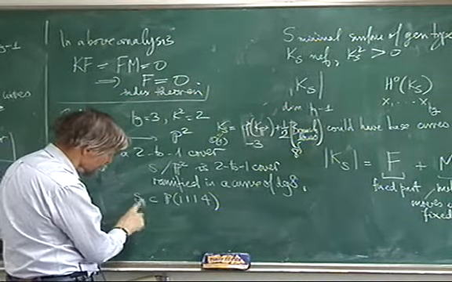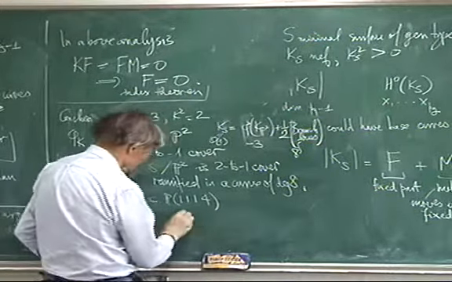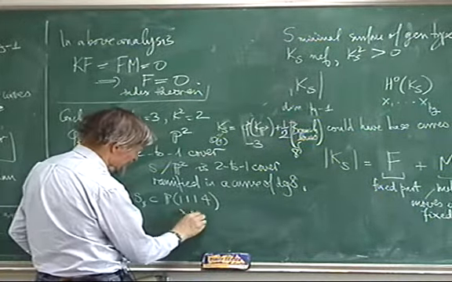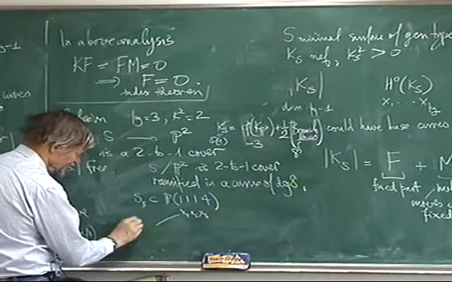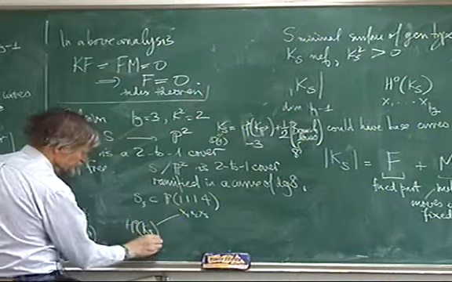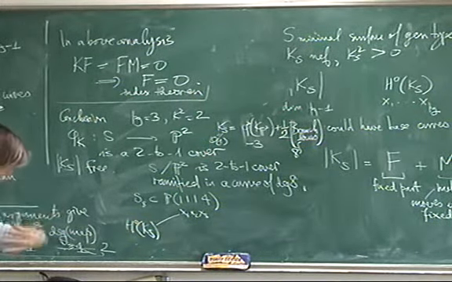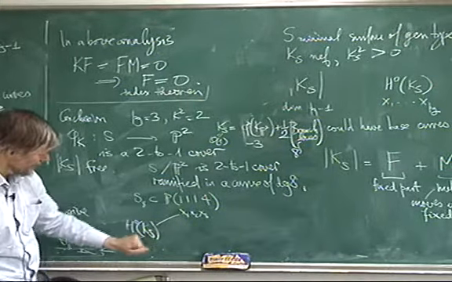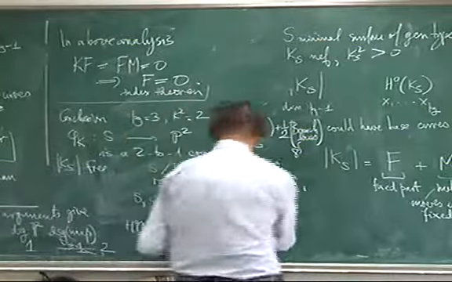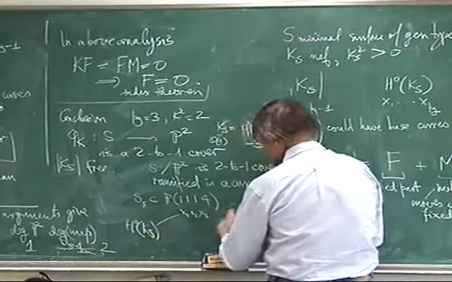Let me just explain what the conclusion means. It means I've got x1, x2, x3. This is just the basis of H0 of K_S. So this defines this 2-to-1 map from the S8 to P2.